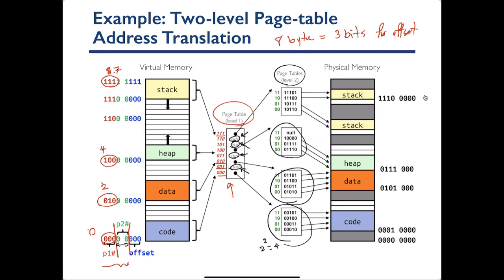But usually for 32-bit systems, it's 4 byte, and for 64-bit systems, the size of each page table entry is 8 byte. Again, we'll come back to that. I actually don't know if it is in this slide deck or in demand paging, but we'll talk about it in the future. Okay. Hopefully I answered that question.